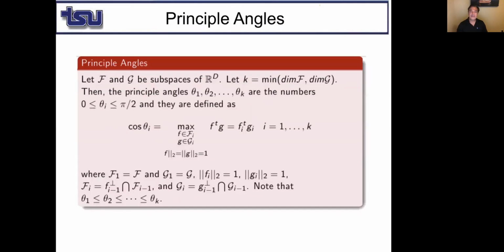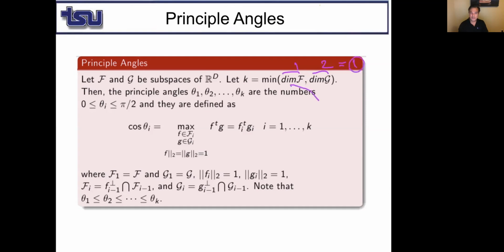Well, there are other angles that you can define between the minimal and maximal angle, and I call them principal angles of two subspaces. Please pause the video here because you have to look at it a little carefully. So F and G are subspaces of R^d, and assume that k is the minimum of the two dimensions. For example, if you have a line and a plane, the dimension of the line will be 1, the dimension of the plane is 2, and the minimum of them is 1.